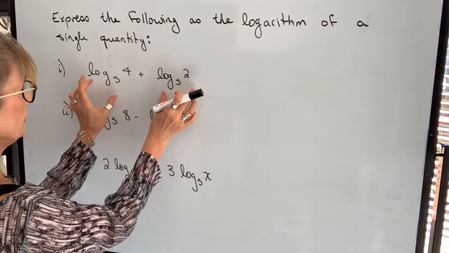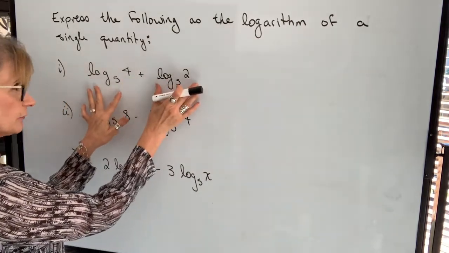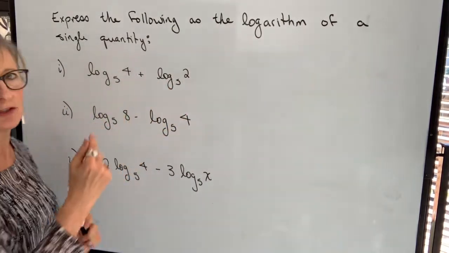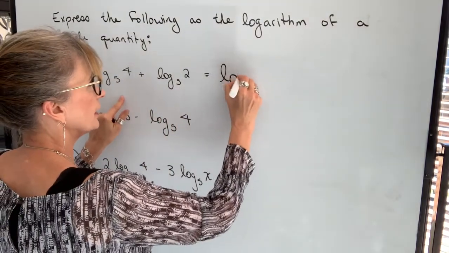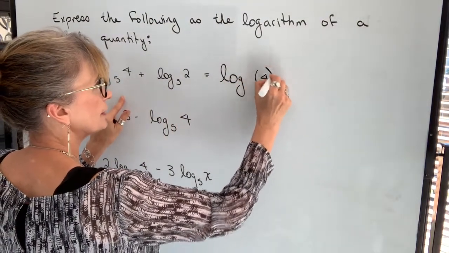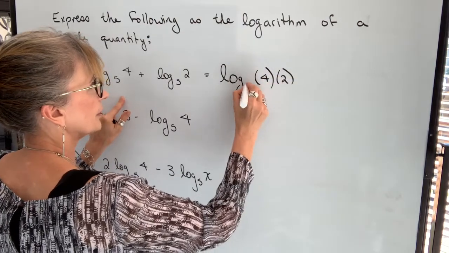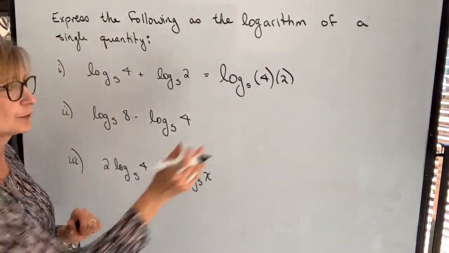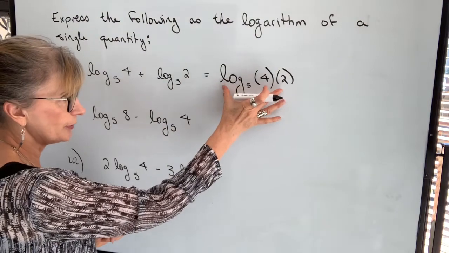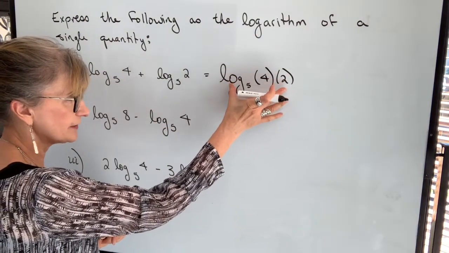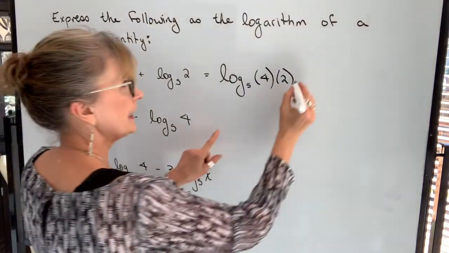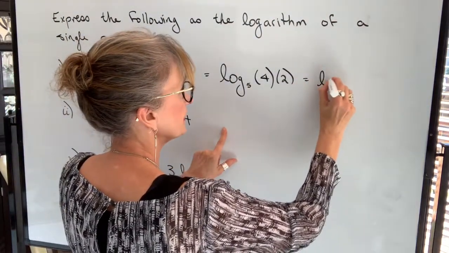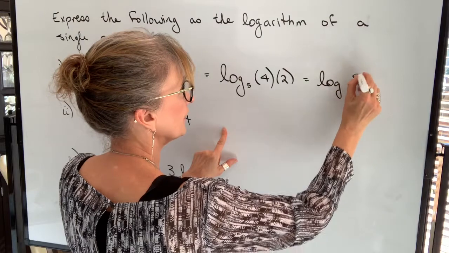For example, if I have the sum of log terms and the base is the same, I can use my first property to express this as the log of 4 times 2, base 5. Okay, so I learned the property that going in this direction, this was equal to this, but I can reverse the direction. And then I can simplify it so that this would be the log of 8, base 5.